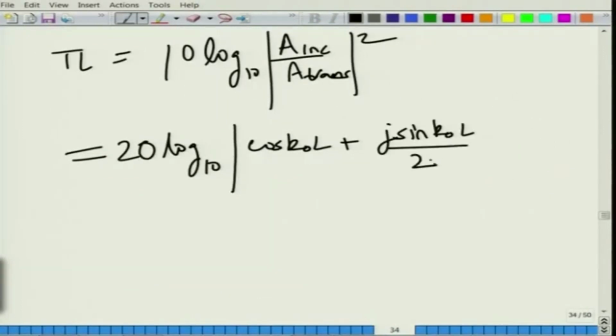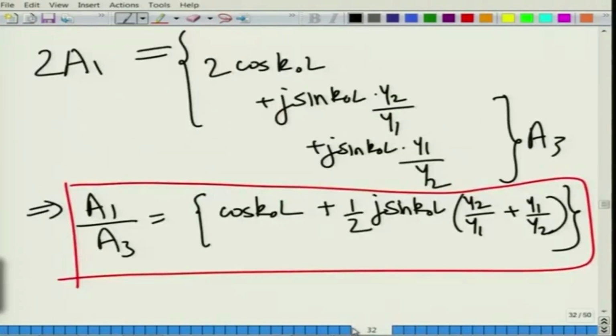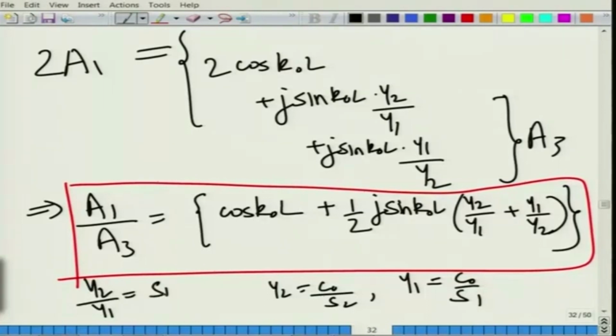Now let us assume that y2 is nothing but C naught by S2 and y1 is nothing but C naught by S1. So, y2 by y1 is S1 by S2. Remember S1 is smaller, the port, and S2 is bigger.